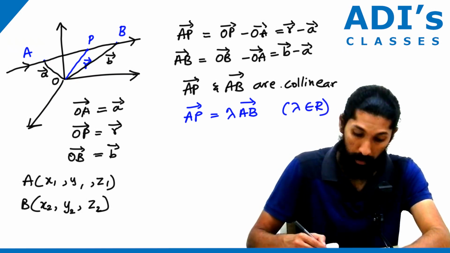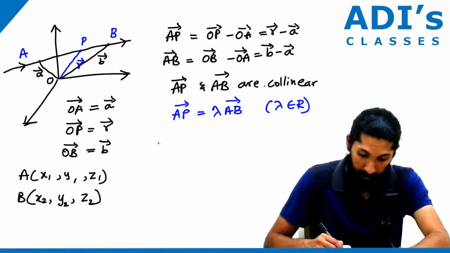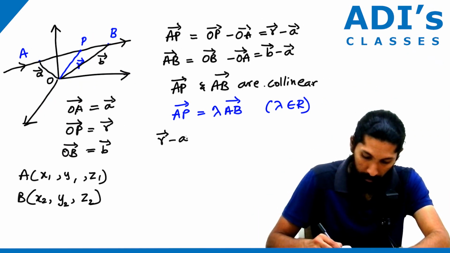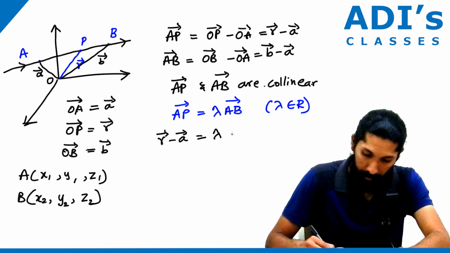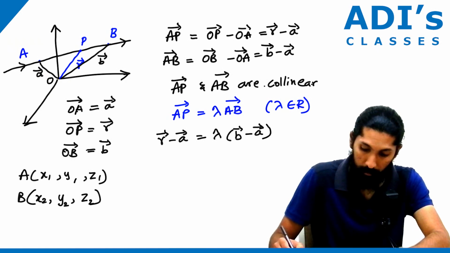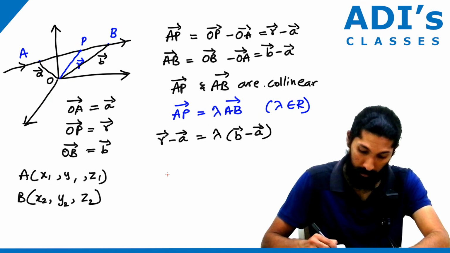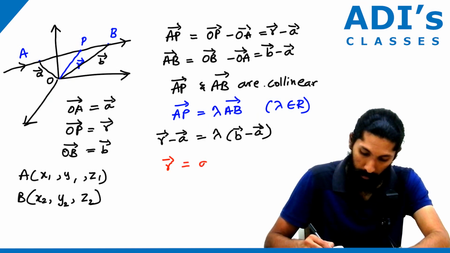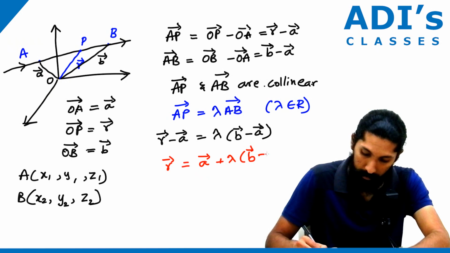Fair enough? So what do we get here? We are going to get R minus A is equal to lambda into B minus A. So R is equal to A plus lambda into B minus A.